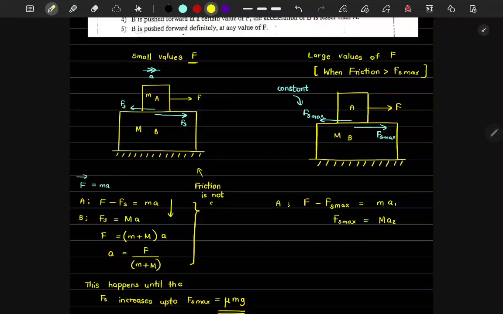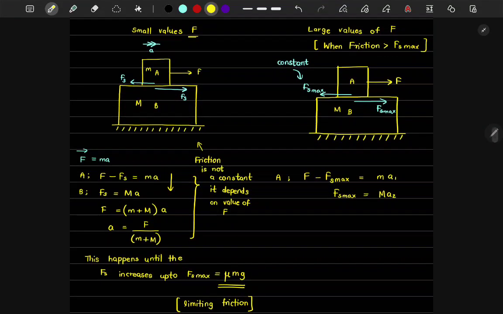Depending on the value of F, it changes. In the second scenario, once the friction reaches the maximum possible value, it won't increase furthermore, it will be a constant. So the two will have two different accelerations.